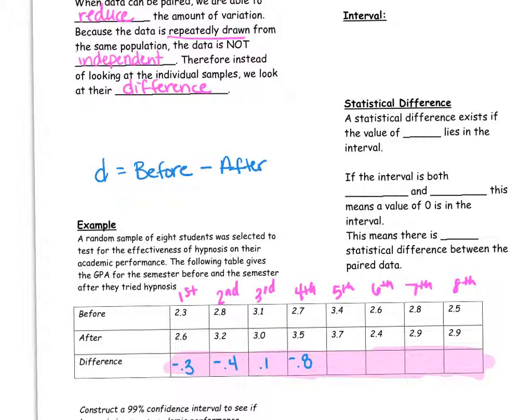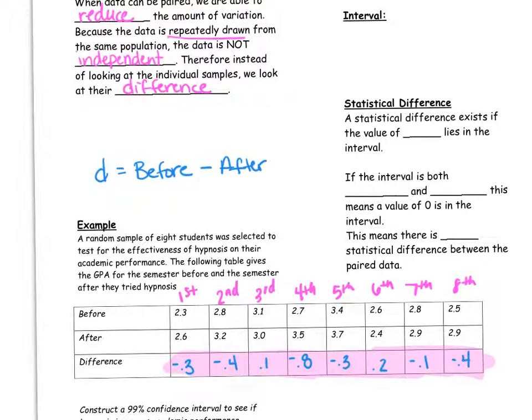Negative 0.8, right? 3.4 minus 3.7. Negative 0.3. 2.6 minus 2.4. Positive 0.2. 2.8 minus 2.9. And then 2.5 minus 2.9.